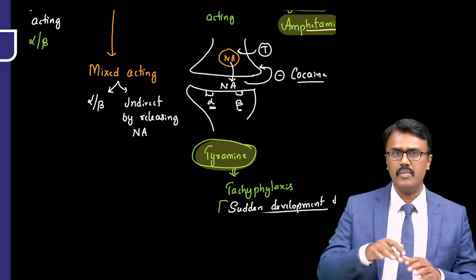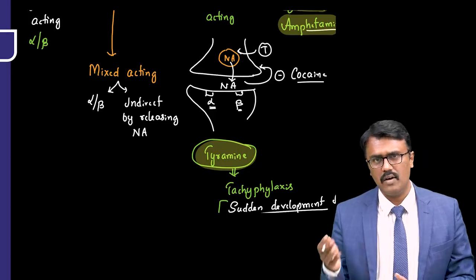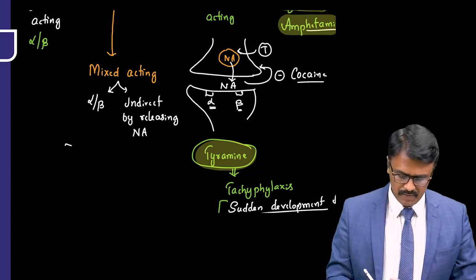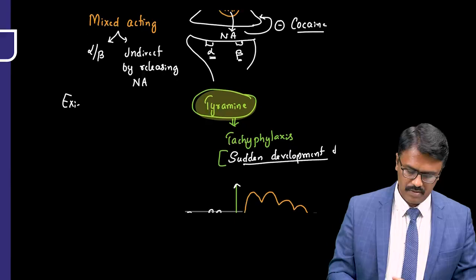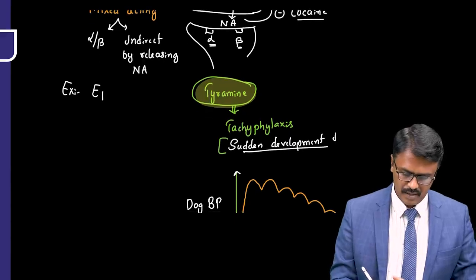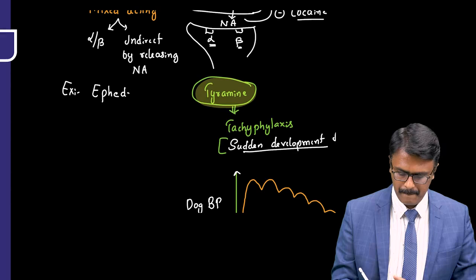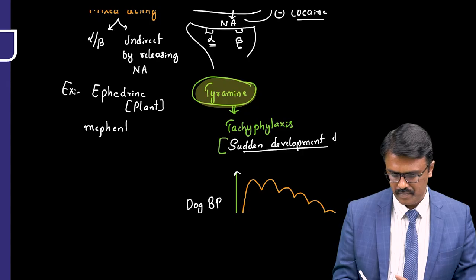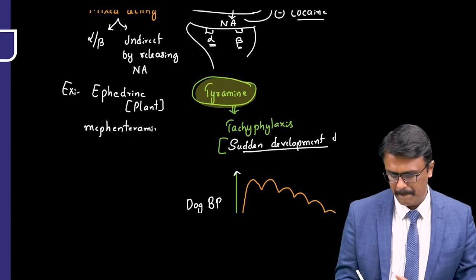The drug can directly bind to the receptor, and also they can release the noradrenaline, like what we demonstrated for tyramine. So what is the example for this? The example is ephedrine. Ephedrine is a product obtained from plants, and one more drug is called mephentermine.